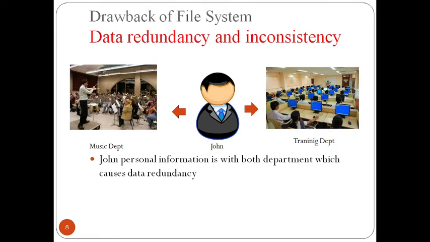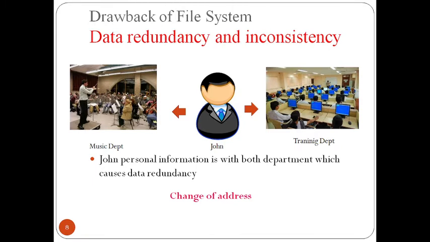Whatever information John has, like his personal and professional information, is maintained by the music department in one file, and by the training department in another file. So both departments have duplication of John's data unnecessarily. They are wasting their space to store this data.